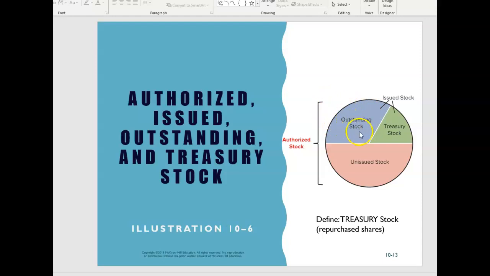Another choice for issued stock is that we sold it in the marketplace and then repurchased it. We bought it back, and that's going to be treasury stock. Just as a side note, a lot of companies are incorporated in the state of Delaware, just like trivia here, because they have such favorable incorporation laws for corporations.